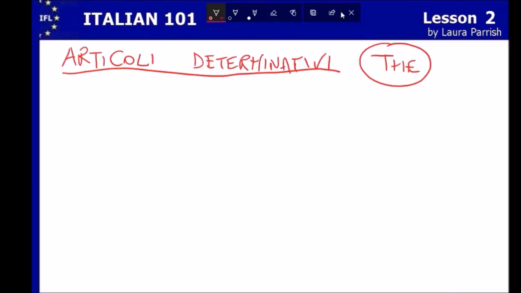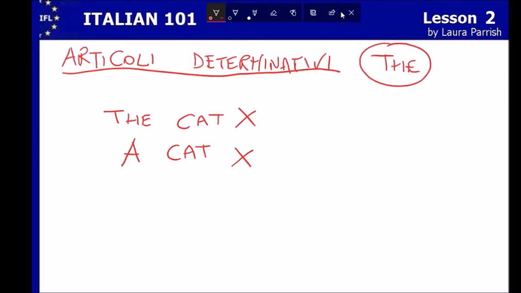Those articles are called determinative because they determinate an object. It works the same in Italian and in English, but very fast, just to review the difference. If you see the cat is different than to see a cat. What is the difference? This one is determinative, this one is indeterminative.